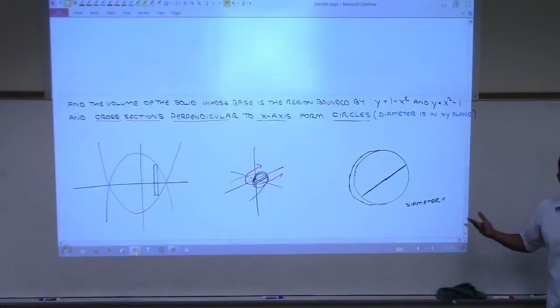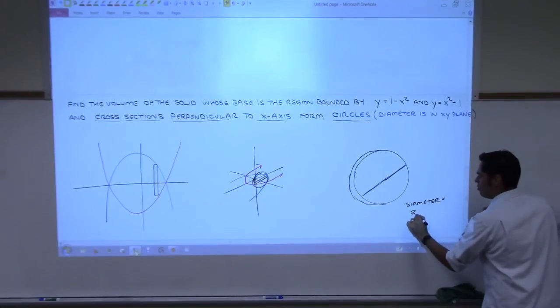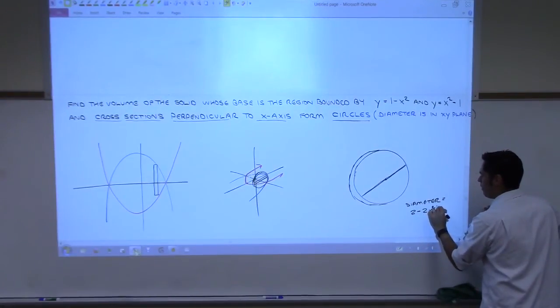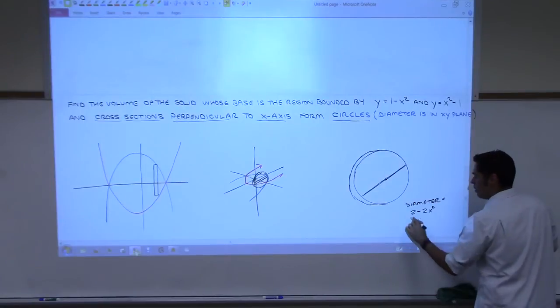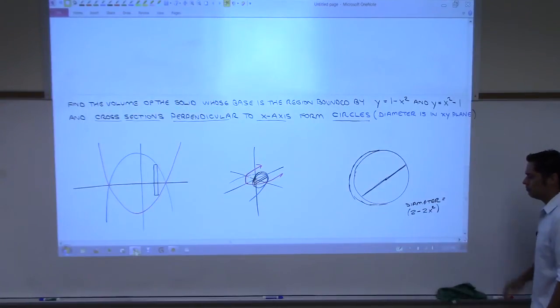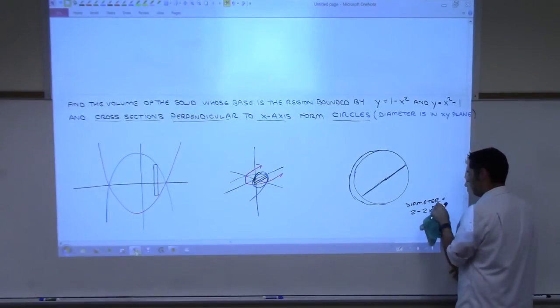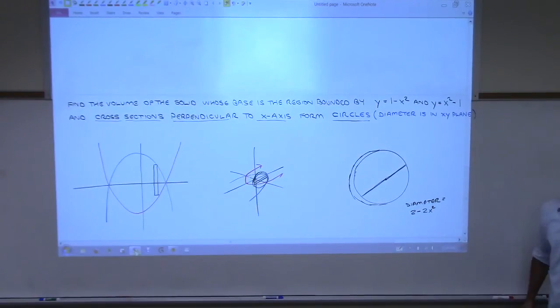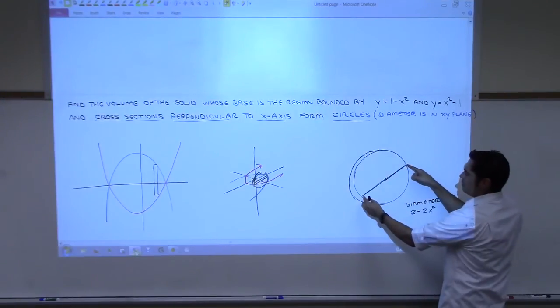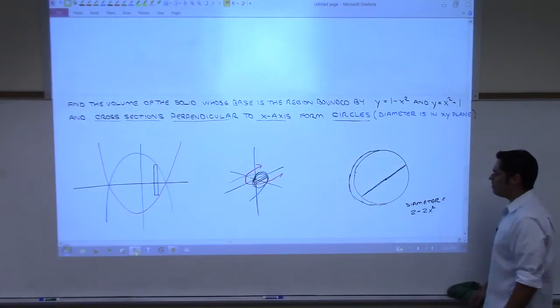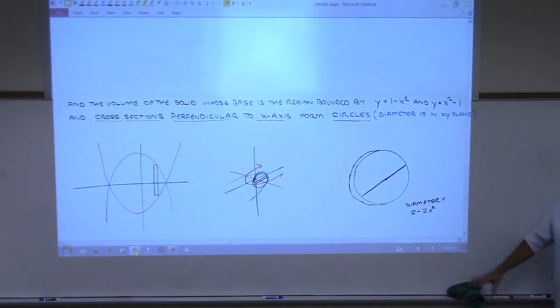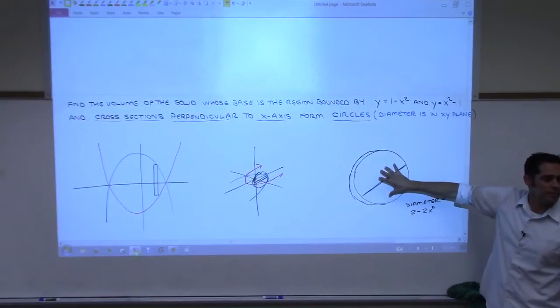Which we already did that algebra, didn't we? This is 2 minus 2x squared. Agreed? That's the diameter. I don't need the parentheses. I'm not sure why I did that. No, this is the whole thing. So that's the diameter.